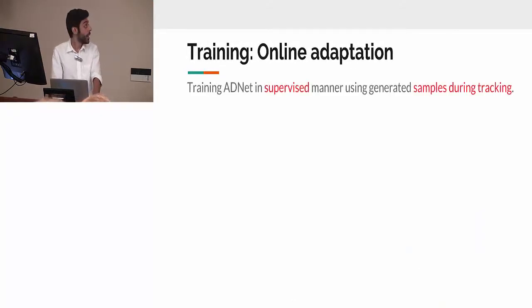There is one last step for the training of this algorithm, which is the online adaptation.